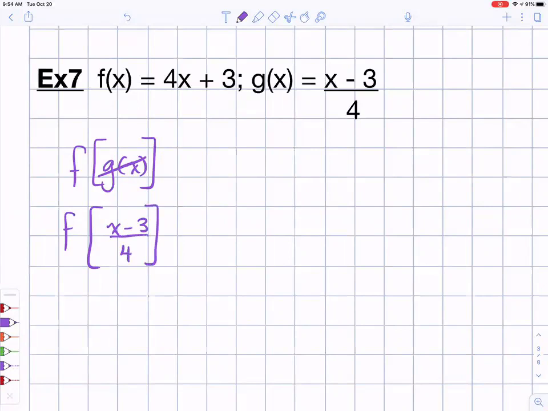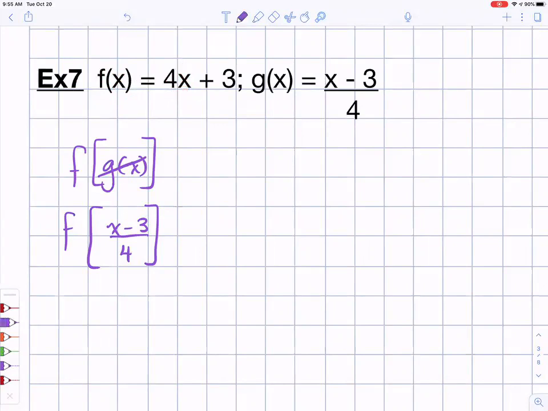Now, again, I'm going to take you back to chapter 2 in your mind. Do you remember how I read that statement? I called it f of ugly, okay? So let's go up here to the f statement. If I have f of ugly, I'm not going to say x, I'm going to say ugly. f of ugly is 4 times my ugly plus 3.